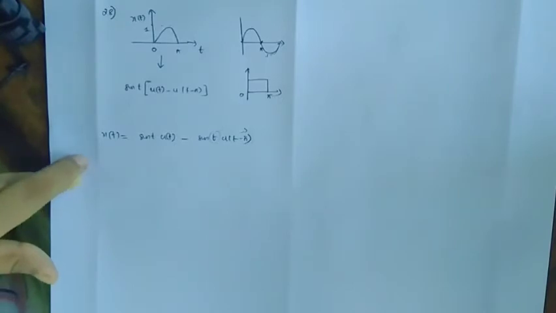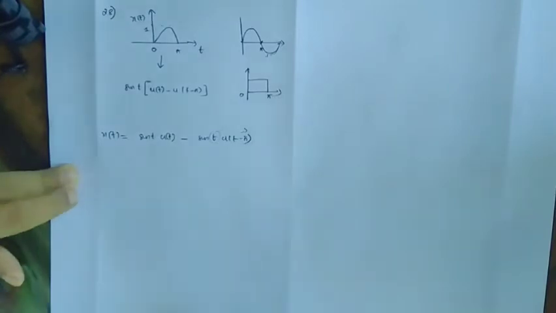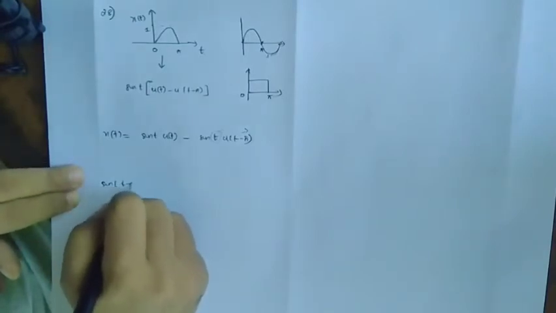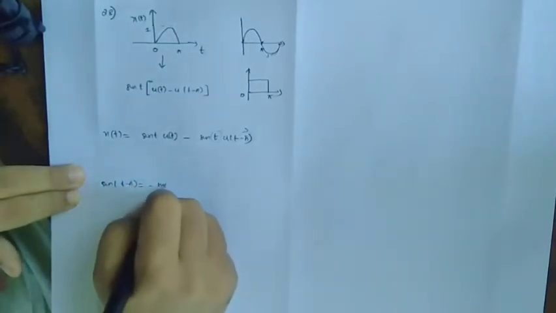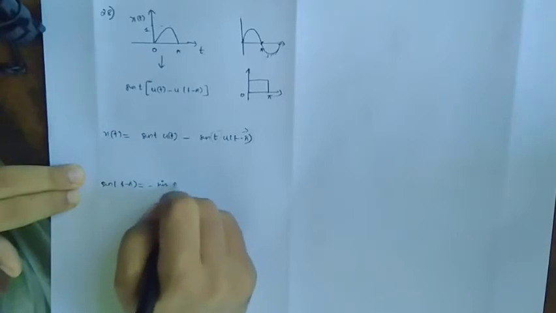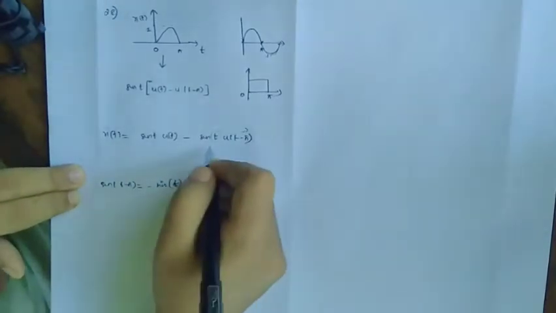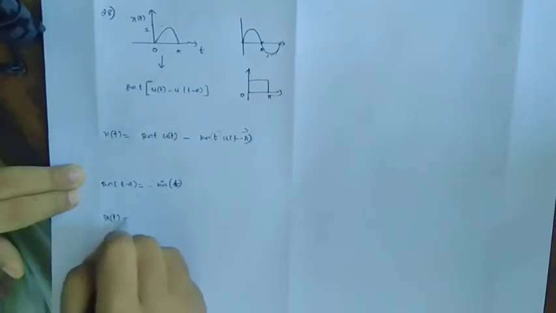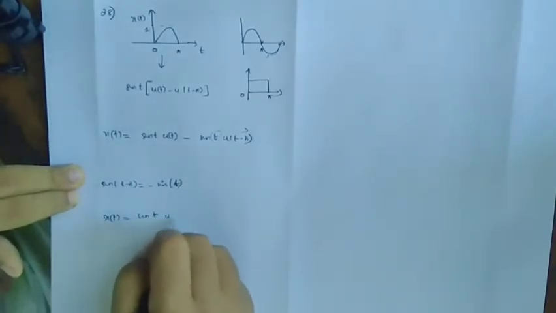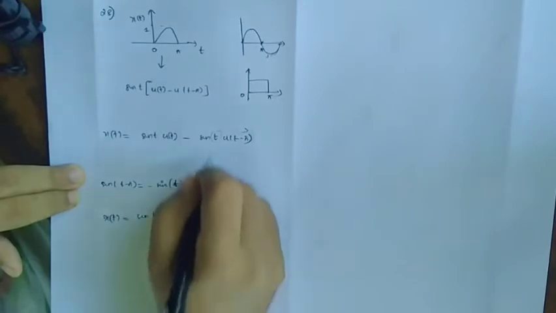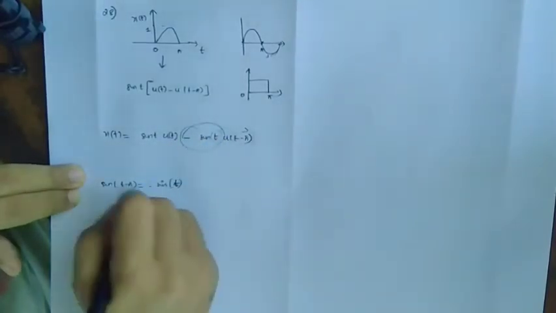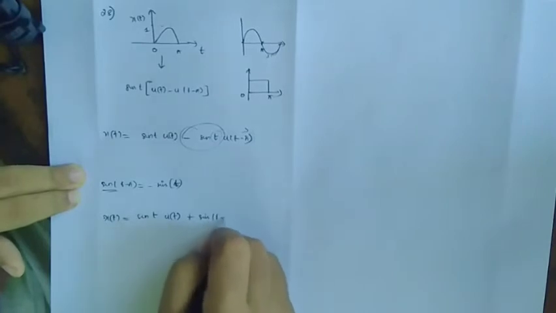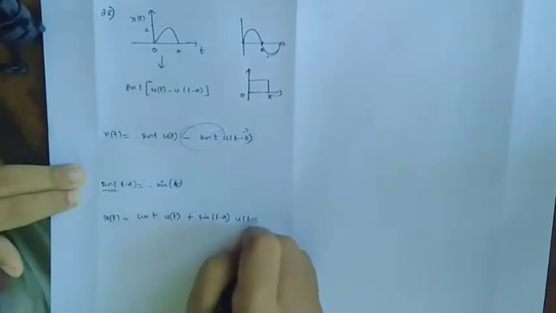Sin(t minus pi) is minus sin t. So instead of minus sin t, I am going to write sin(t minus pi). So x(t) will become sin t u(t) plus sin(t minus pi) u(t minus pi).